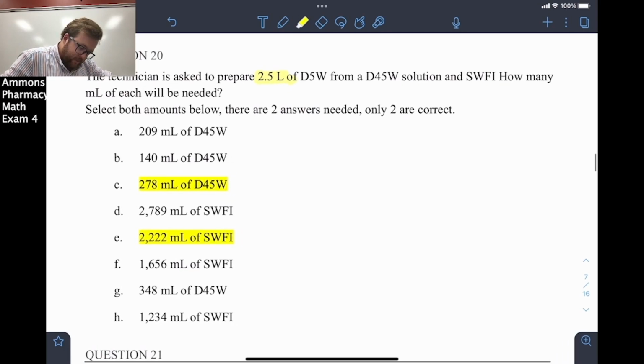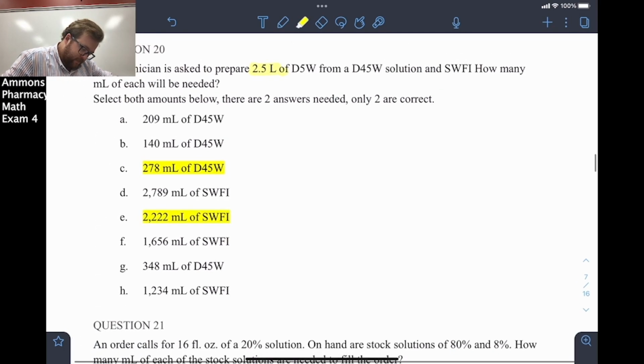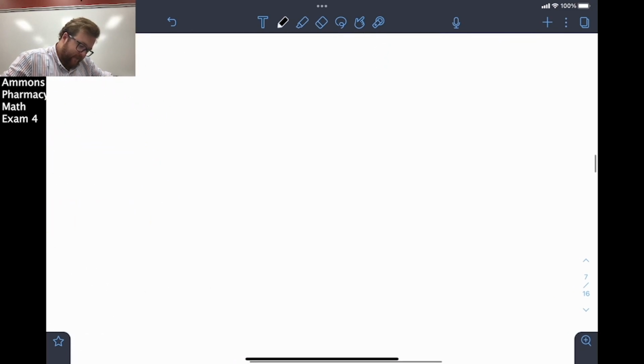.5 liters. Okay, this is an alligation problem. So this one relies on you understanding that D5W, D45W, and SWFI, those mean something, right? We already discussed that. We need to make D5W.